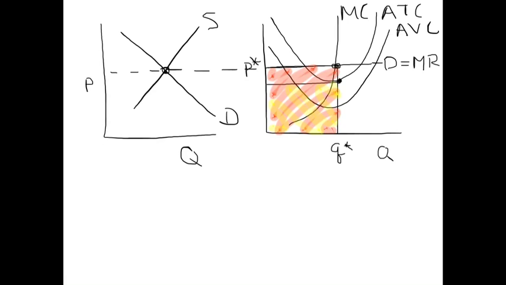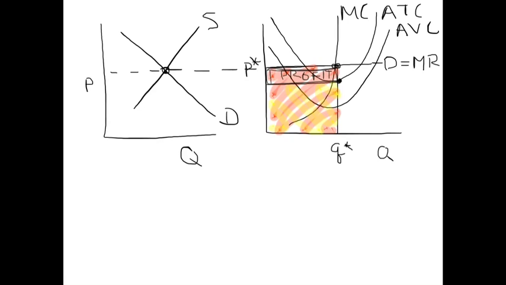So the difference between the red and the yellow, that is what is this box. And this is the profit, since the revenue, the red, is larger than the cost, which is the yellow.